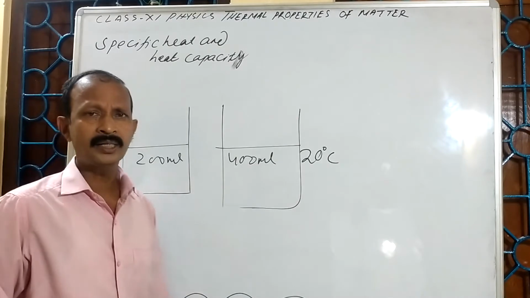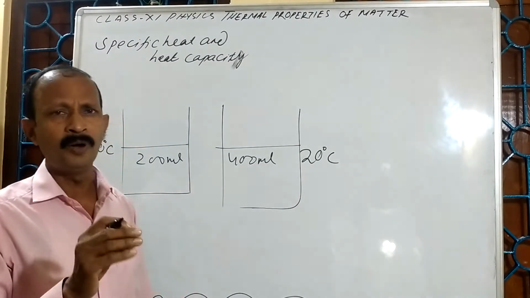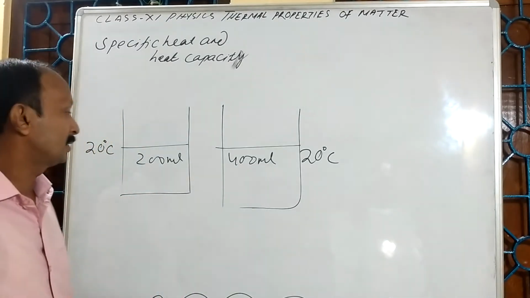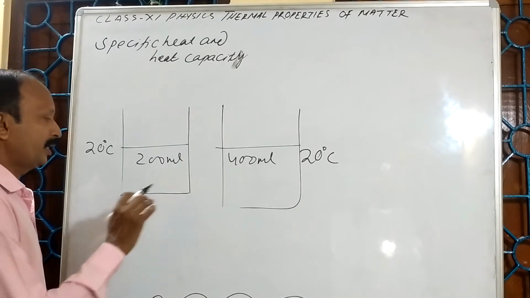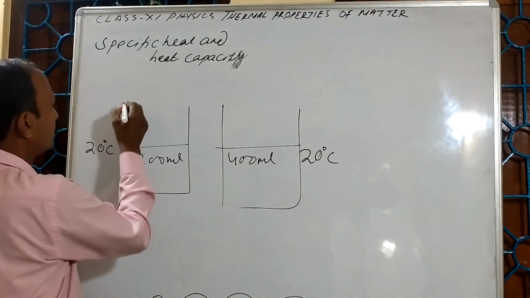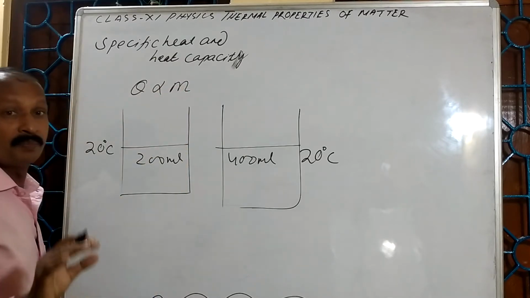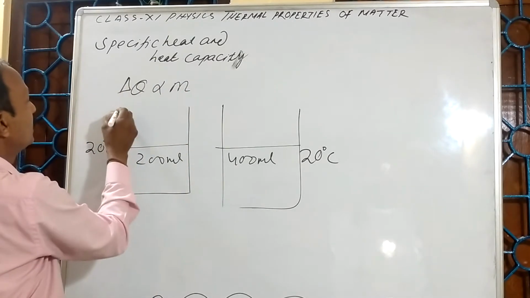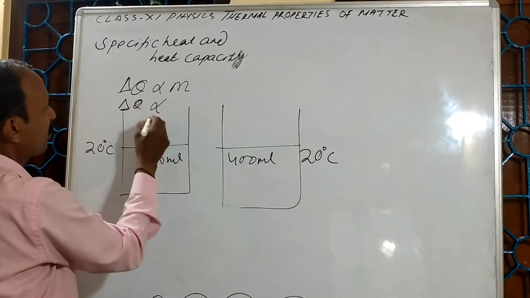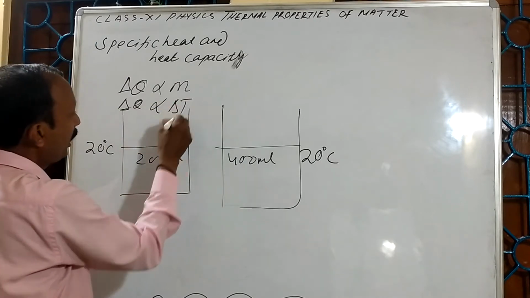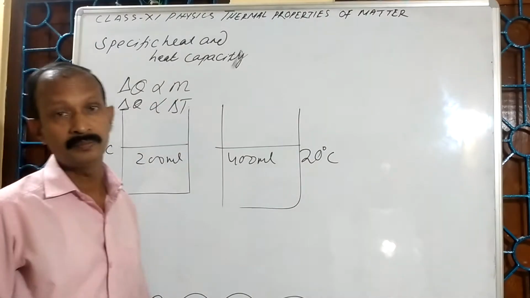So I can say that heat also depends upon the mass of the substance. So I can say that heat is directly proportional to mass of the substance. Heat is directly proportional to change in temperature.